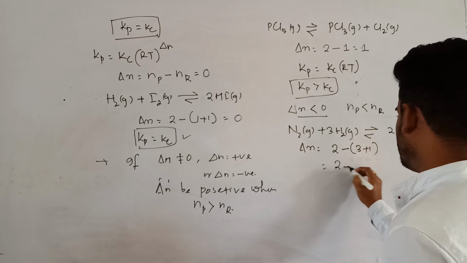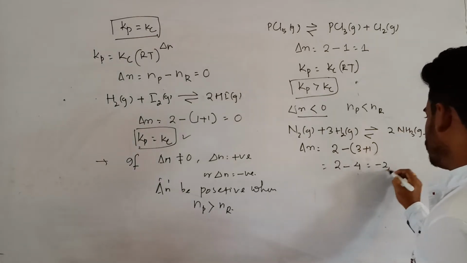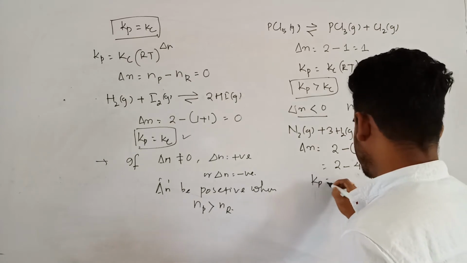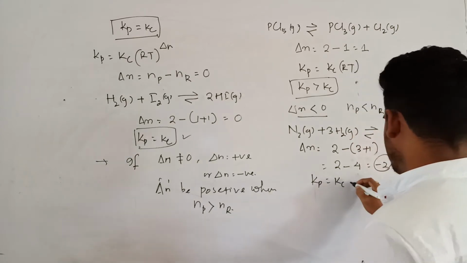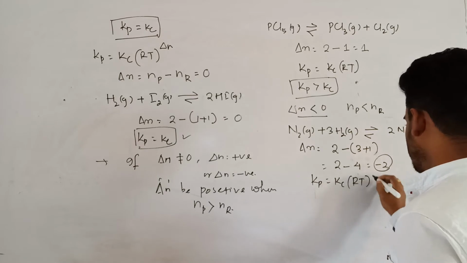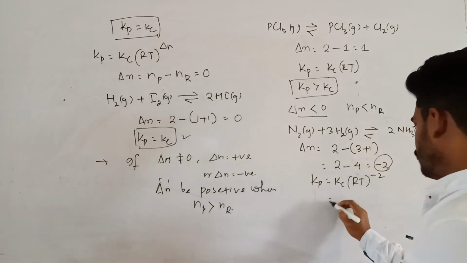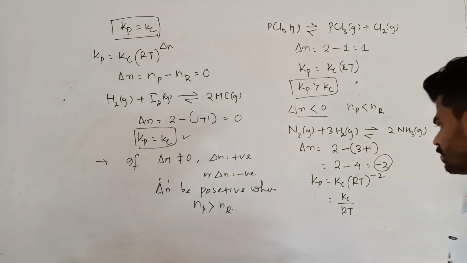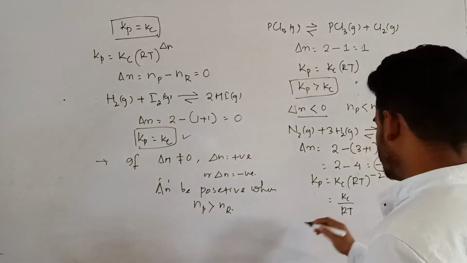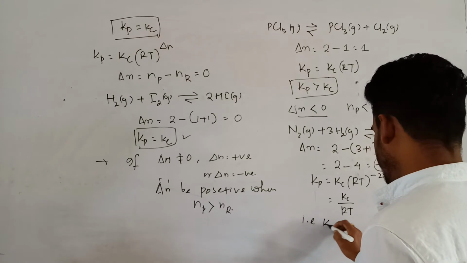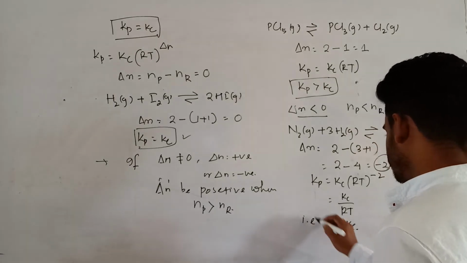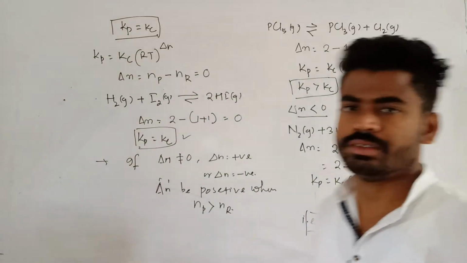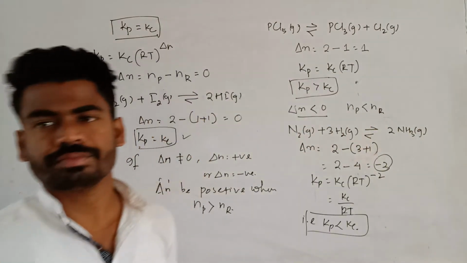Clear? So that is equal to 2 minus 4, that is minus 2. So in this case I can write Kp equal to Kc into RT to the power minus 2. So that will be equal to Kc upon RT. So here the Kc is reduced, that is Kp is less than Kc. Clear?